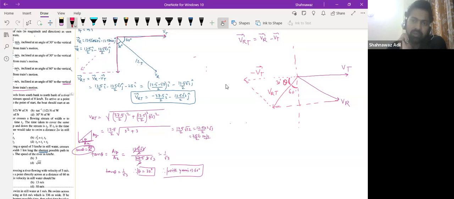So always remember whenever we are talking about two objects moving, right? So then we have to talk about the relative velocity. But if we are talking about river crossing problem, so then we have to find out resultant velocity. If we are talking about wind problem, then we have to find out the resultant. Otherwise, in rain man problem and in two cars moving, we have to talk about the relative velocity.